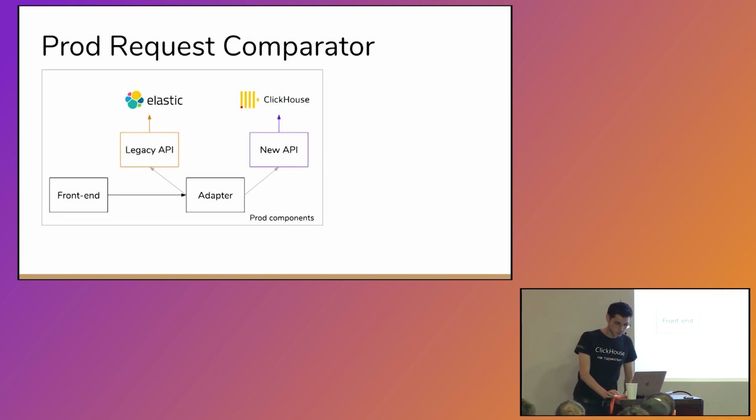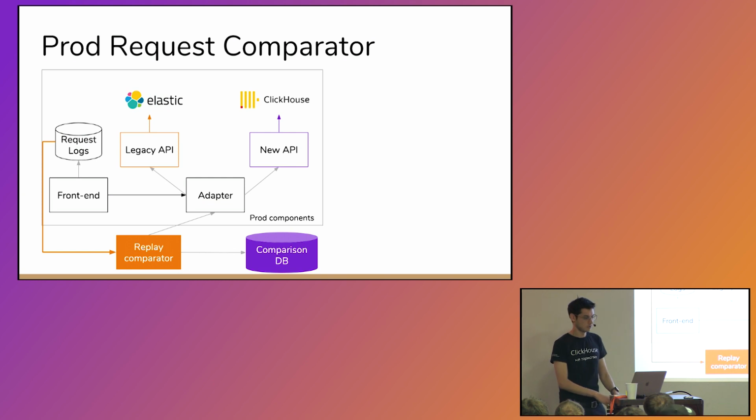So our approach instead was to leverage the real queries that were issued to our system. Of course, we log every request that is made against our system. So this makes for a perfect database of queries to be replayed on both systems. The source of our queries to be tested becomes the queries that really happened in production.